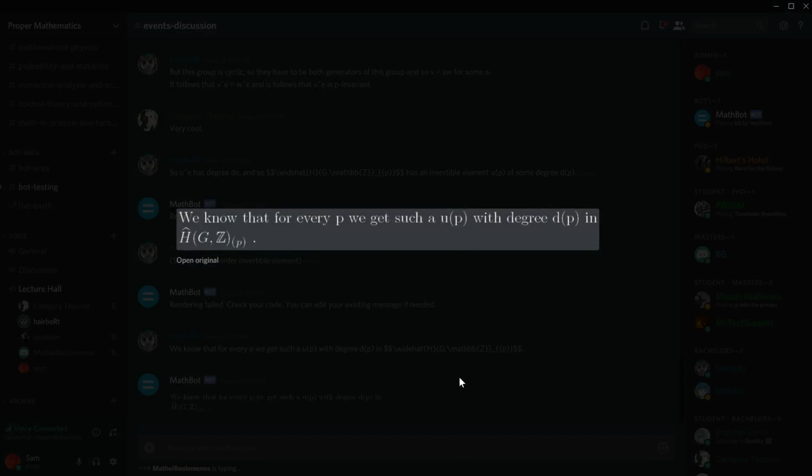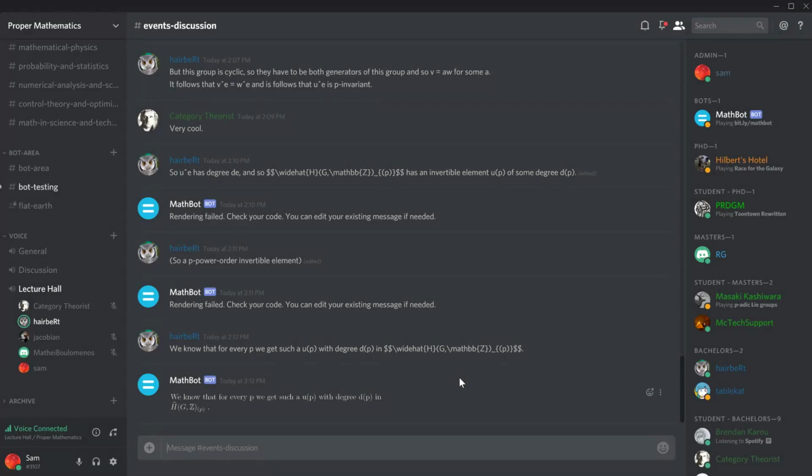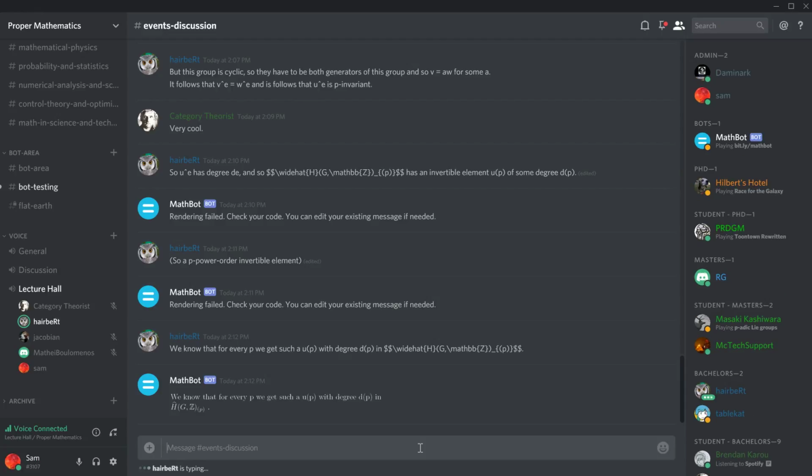It's because these D_P can be different degrees. And we get an invertible element if every element that we put into the tuple has the same degree, but we just take some suitable powers such that they all have the same degree.